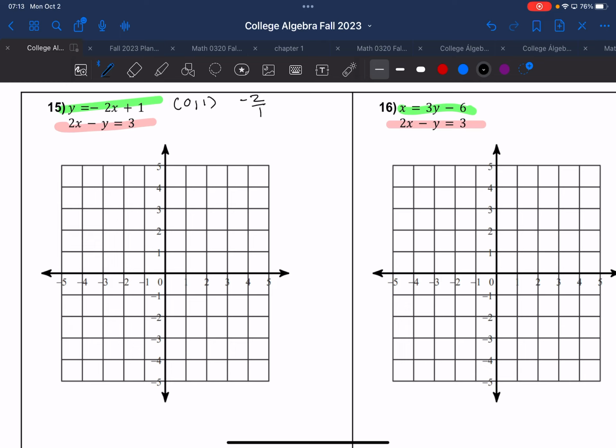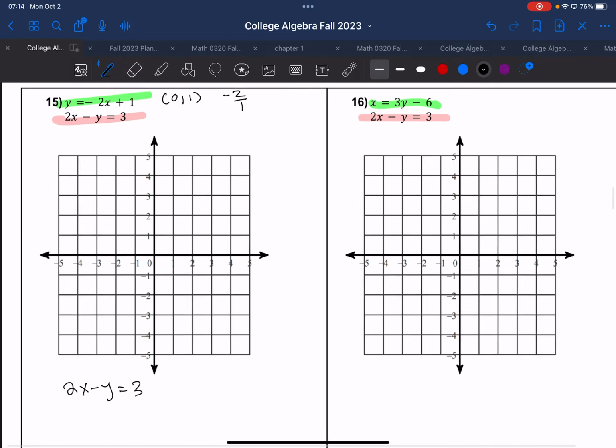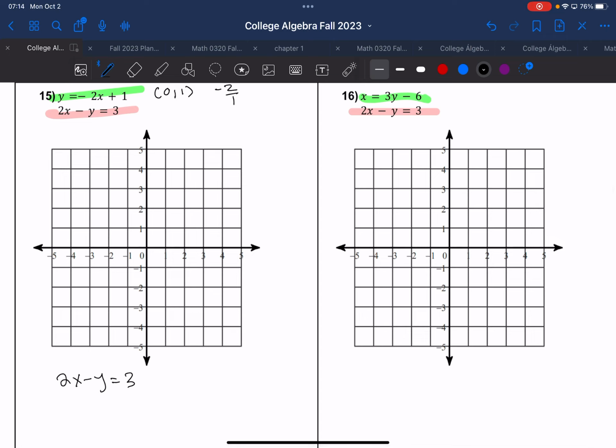So we don't have to do anything to that green equation. The second equation is in standard form, so we're going to have to rewrite it and solve for y. What are we going to do first to solve for y? Subtract the 2x. So I have -y equals -2x plus 3.